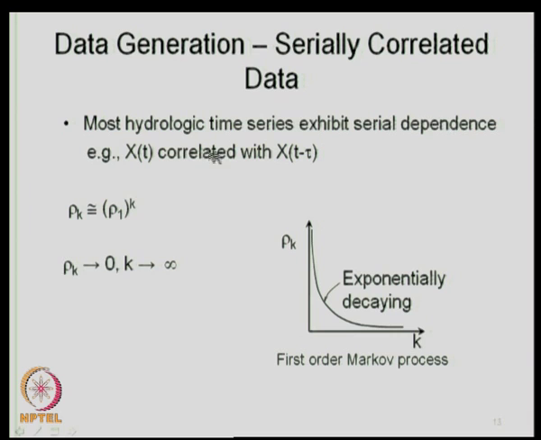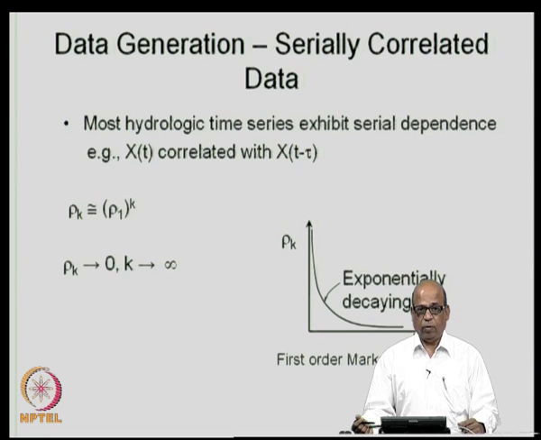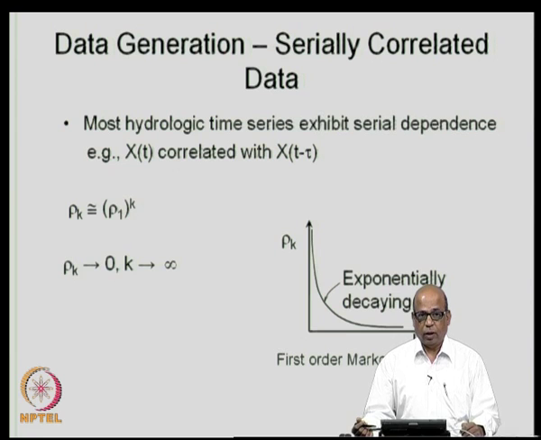Because most hydrologic time series are serially correlated, that is x t is correlated with x t minus tau, we use several data generation methods which are based on serially correlated data. And the first one that we are introducing, which is very commonly used in hydrology, is based on the first order Markov process.